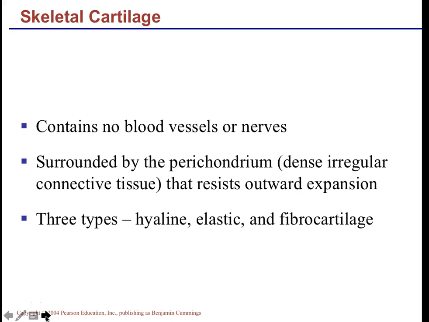The dense irregular connective tissue on the outside is called the perichondrium, and it does resist outward expansion. And there are three types of skeletal cartilage: hyaline, elastic, and fibrocartilage.